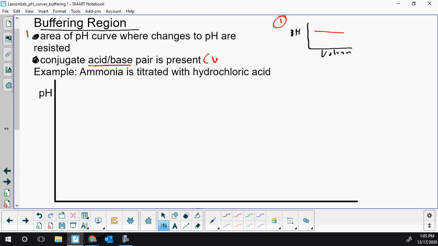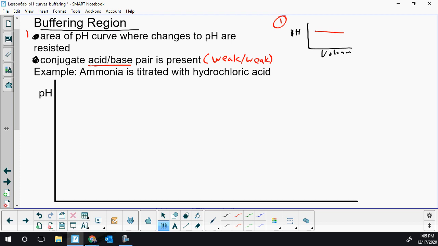And last, I didn't type this in, they must be a weak pairing. So strong acids by themselves, or strong bases, don't lead to buffering. We must have a weak acid and a weak base. We only need 1 pairing though. We often have 2 conjugates and we only need 1 of the pairs to be weak.